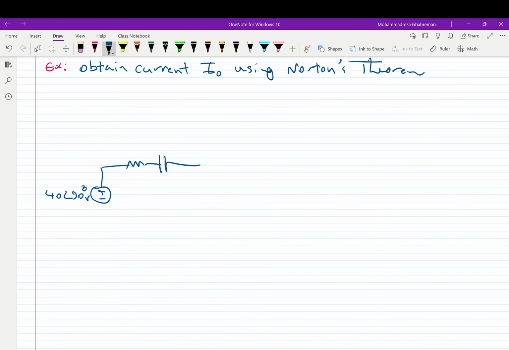The resistor value is 8 ohms. The capacitor is negative J2 ohms. We have another resistor here, 5 ohms. And in this side of the circuit we have a current source with a value of 3 with the angle of 0 amp.